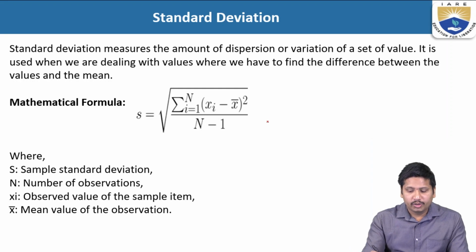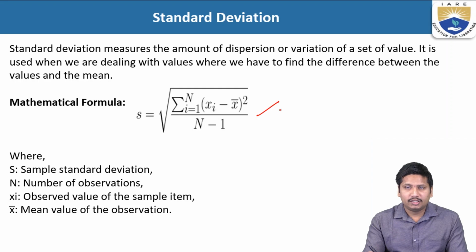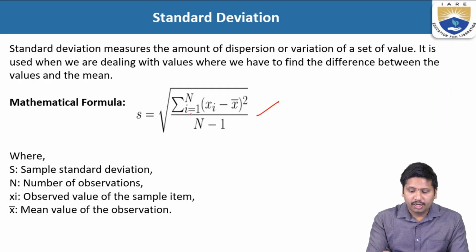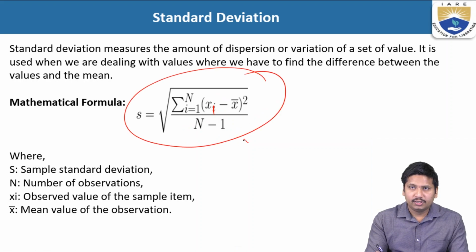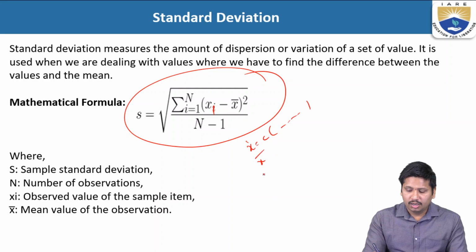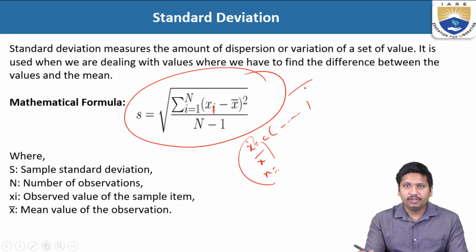There should be an equation for calculating the standard deviation: sigma i equal to 1 to n, x of i minus the mean, each value minus the mean value, squared, divided by n minus 1. This is the equation for calculating the standard deviation. If I know the vector values, the mean value and the number of values, based on this I can calculate the standard deviation.